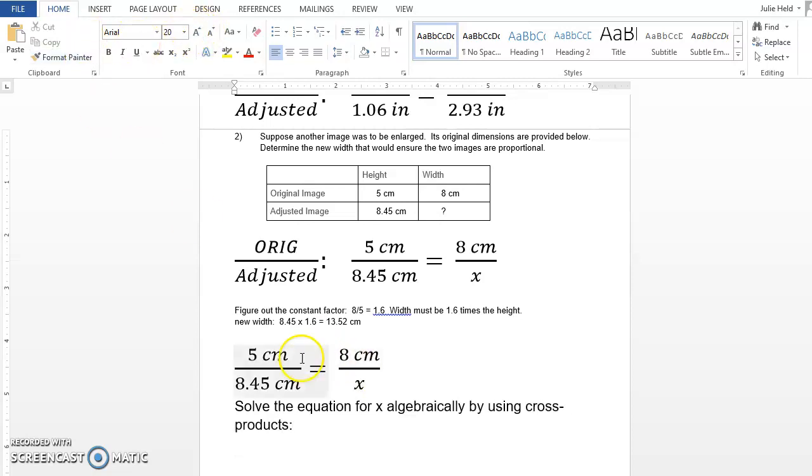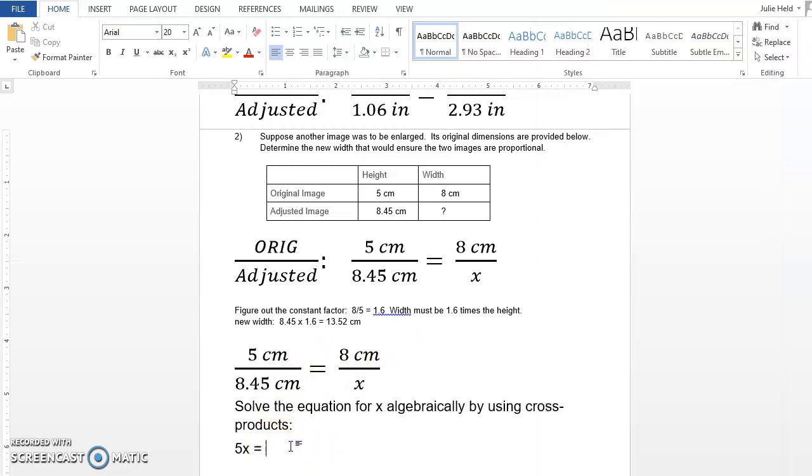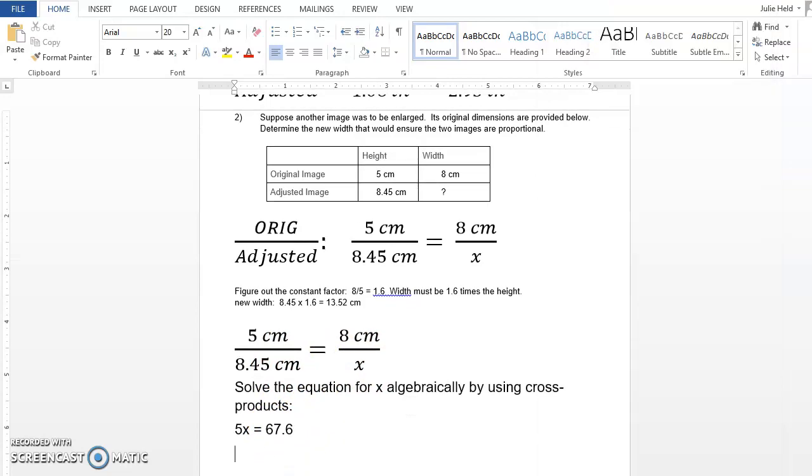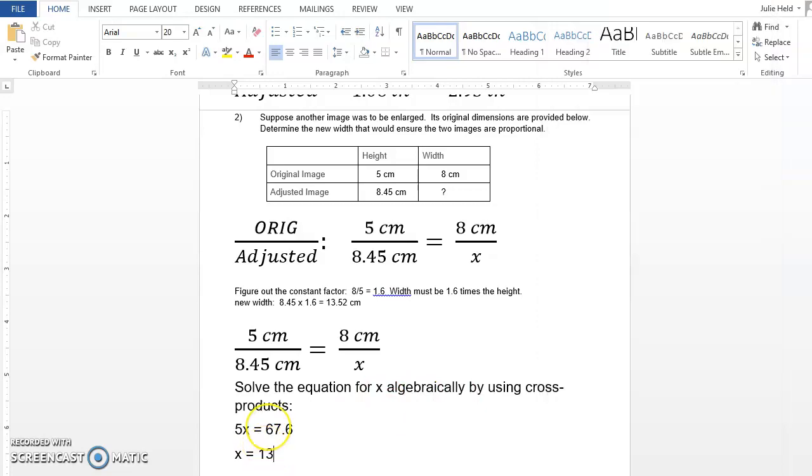So I'm going to take the cross product 5x, and you probably remember doing this in prior math classes. If I take the diagonal product that way, I get 67.6. Now I can divide both sides by 5 to find my final x, 13.52. Notice it agrees with the answer we got the other way.